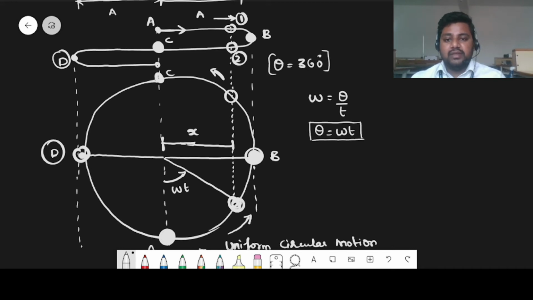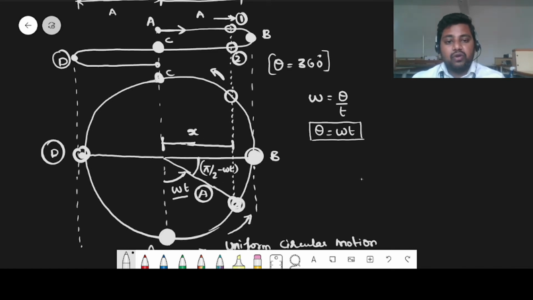Which can be written as, if this is a, which is the total radius of that circular object performing circular motion, that is why it becomes the amplitude. If this is omega t, you can write this line as pi by 2 minus omega t. So that gives the value of x.